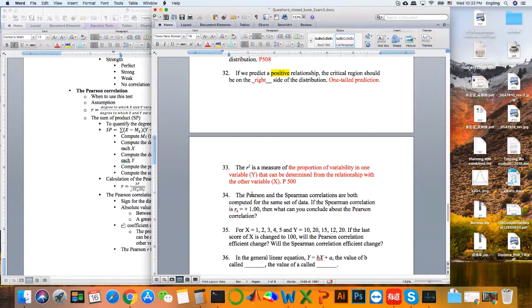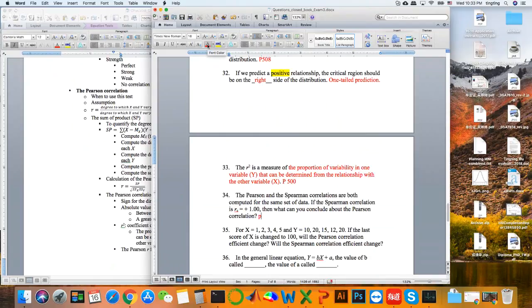So this one, we talk about the Pearson correlation and Spearman correlation. Though both of them are computed for the same data set, if the Spearman correlation equals +1, then what can you conclude about the Pearson correlation? Actually, it's a learning check question, right?